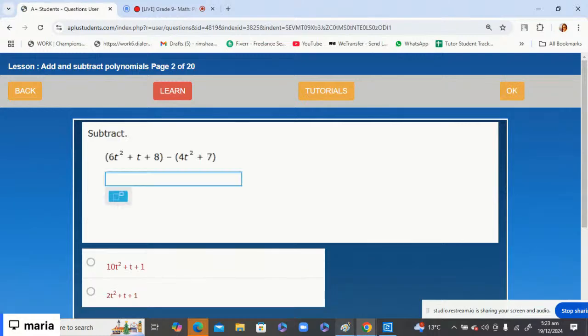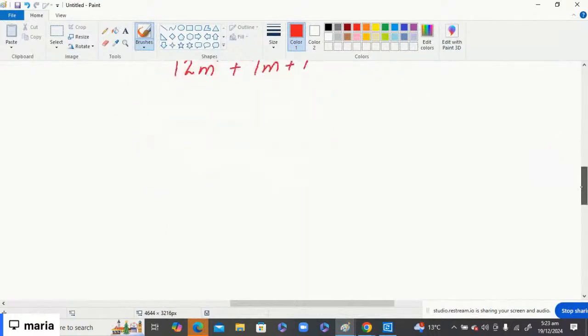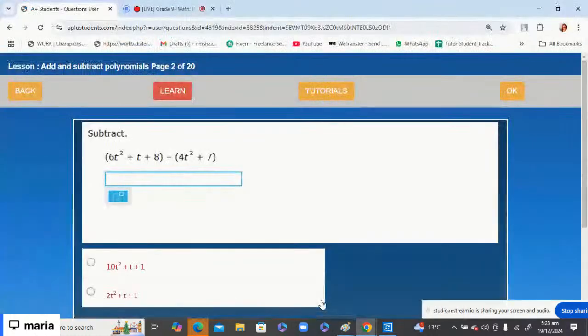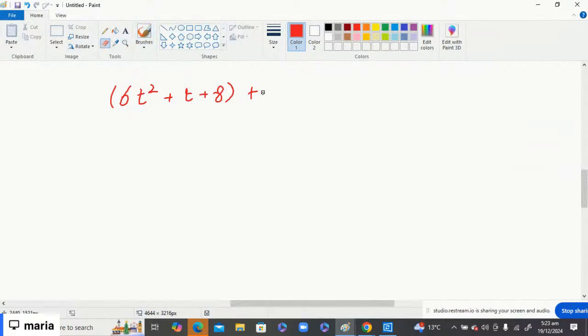Now 6t square plus t plus 8, minus 4t square plus 7. Okay, let's do this one. 6t square plus t plus 8 as it is. Here is a minus sign, minus 4t square.